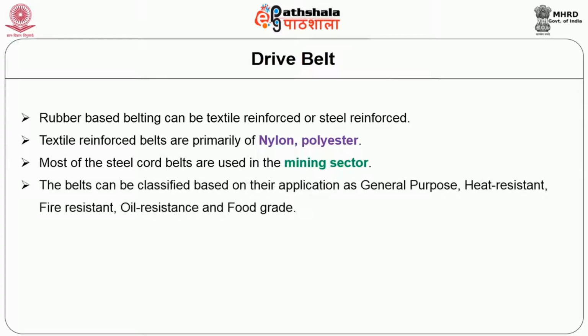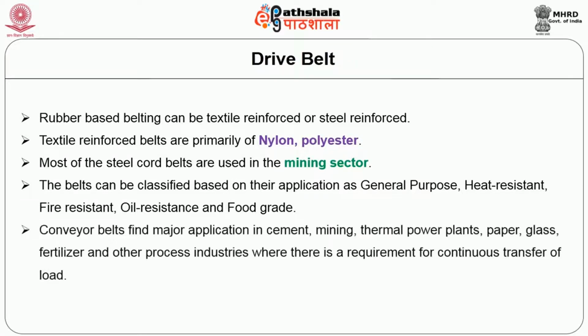The belts can be classified based on the applications as general purpose, heat resistant, fire resistant, oil resistant, and food grain. Conveyor belts find major applications in cement, mining, thermal power plants, paper, glass, fertilizer, and other processing industries, wherever it is required for continuous transfer of load.